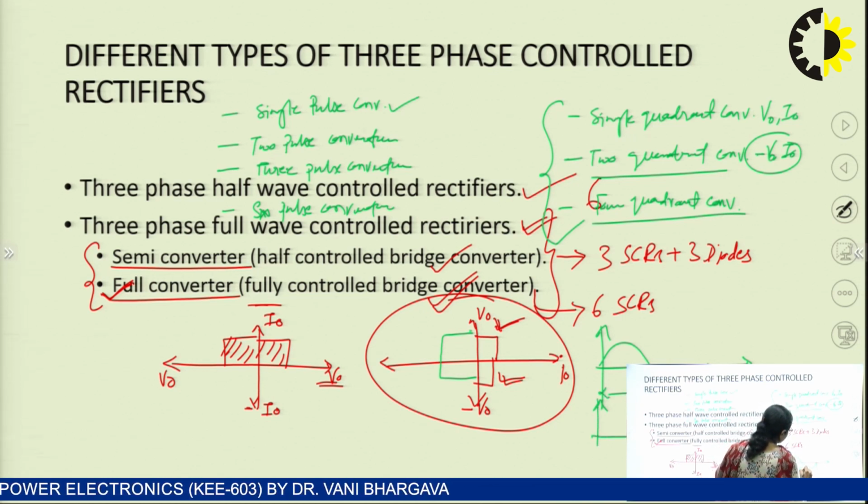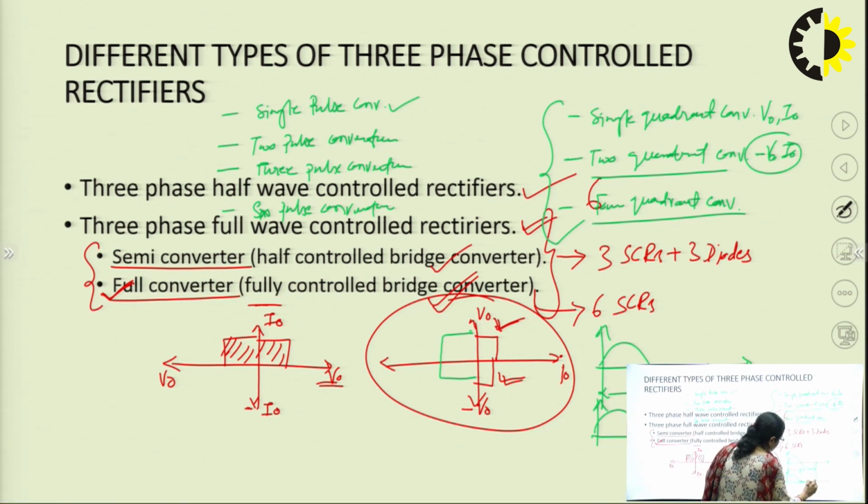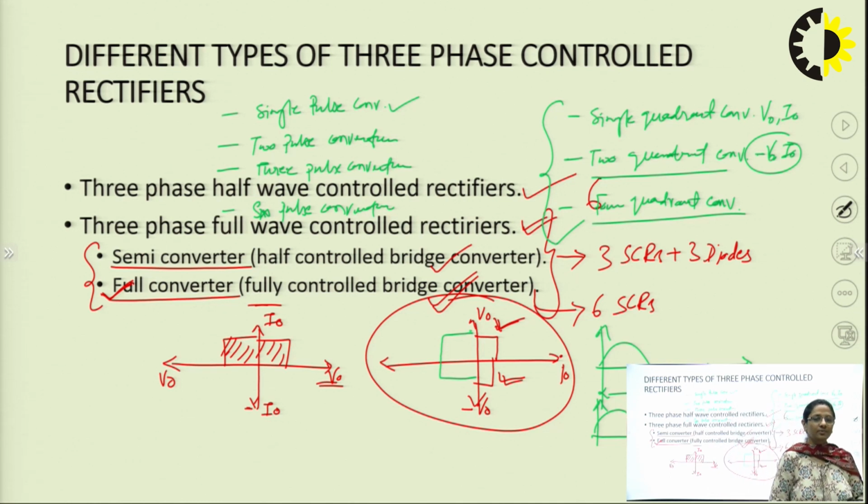You know that it is equal to twice pi radians. In this twice pi radians, if I am getting 1 pulse in the output voltage, then this type of converter is said to be a single pulse converter. I hope you can understand the meaning of this. You can relate it with a converter.